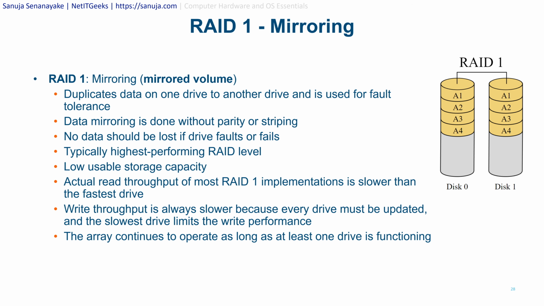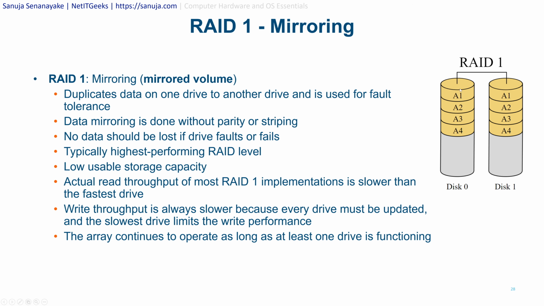And typically the highest performing RAID level is considered to be RAID 1 because this provides the best data protection for your configuration, right? However, the downside of RAID 1 is that we are using an entire hard drive to basically copy data.